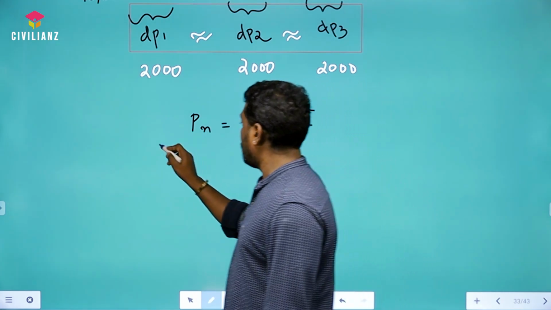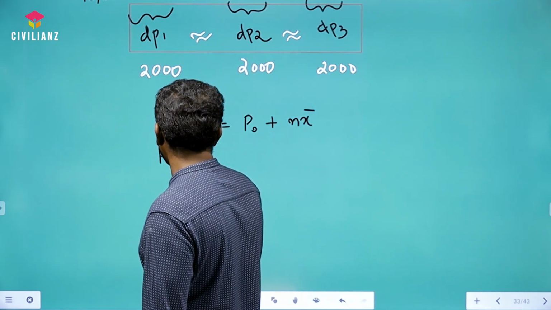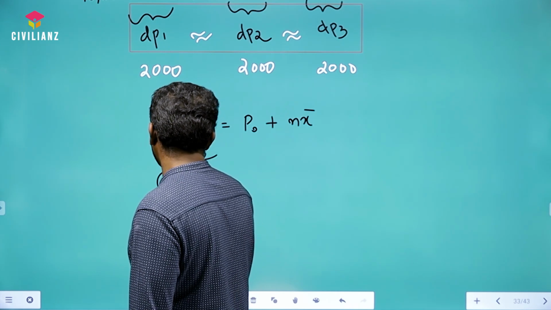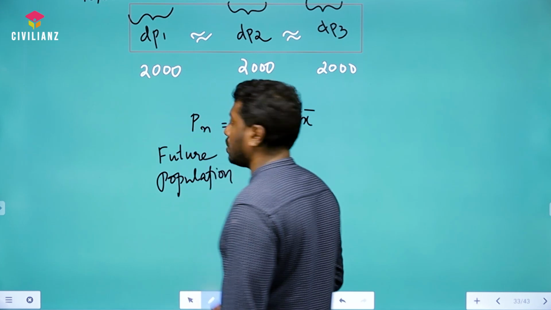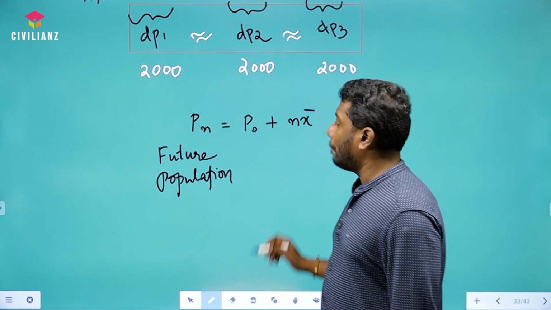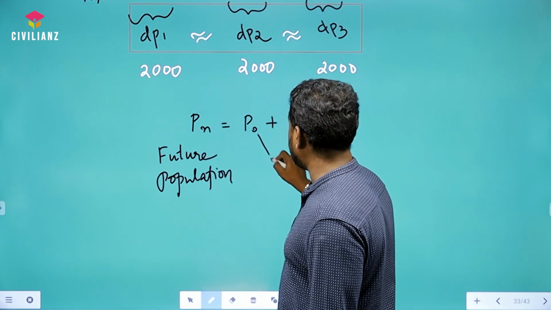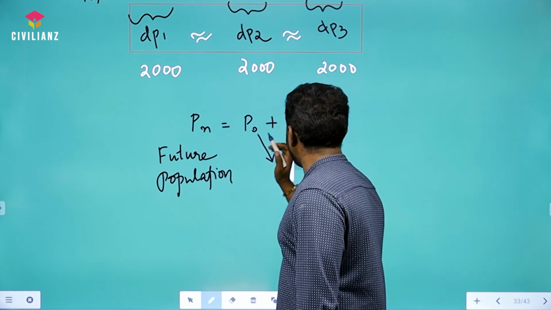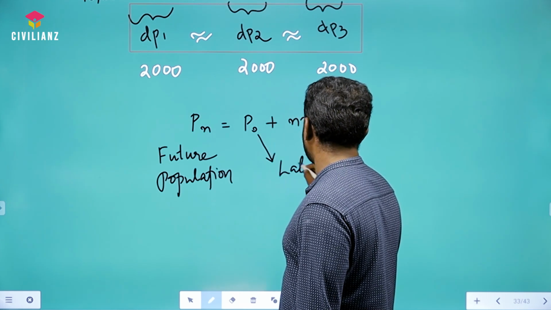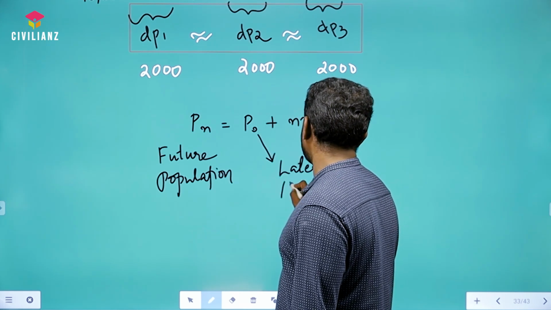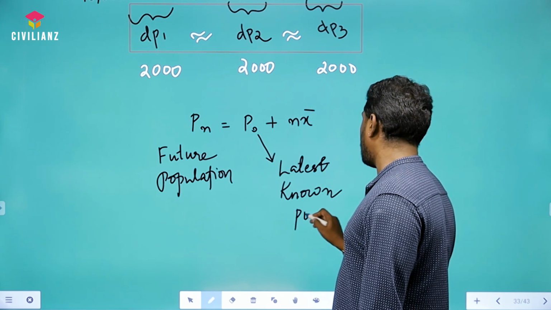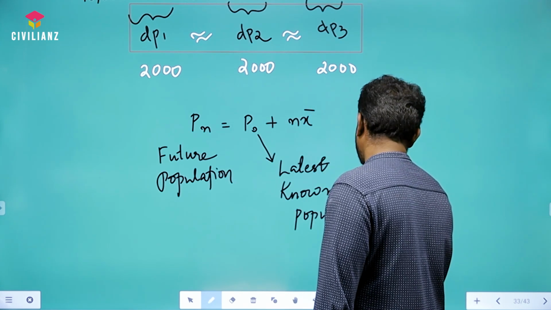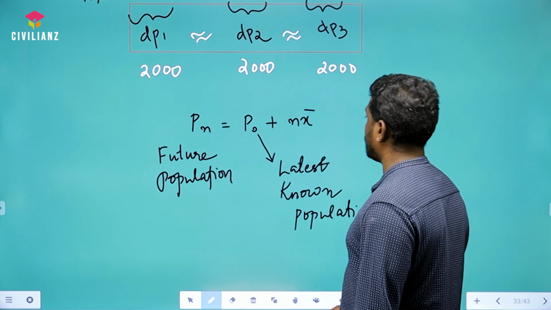What is Pn? Pn is the future population. And what is P0? P0 is the latest known population.